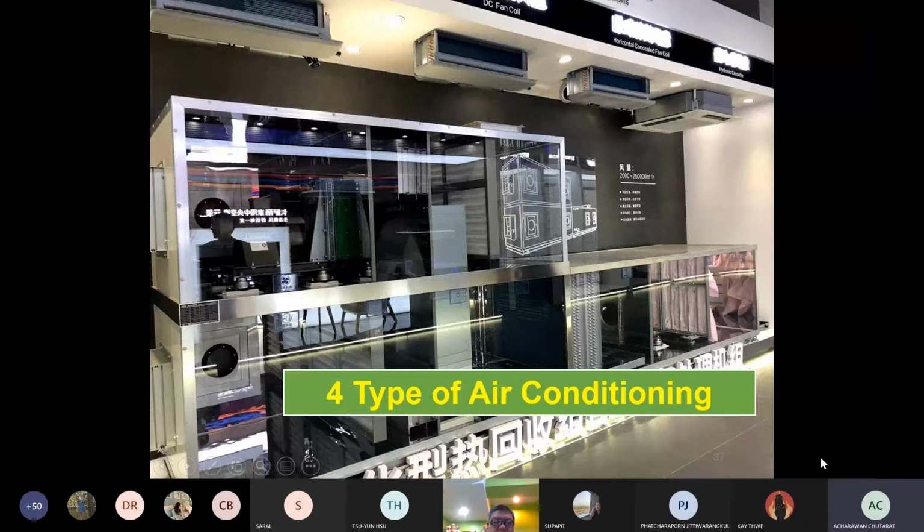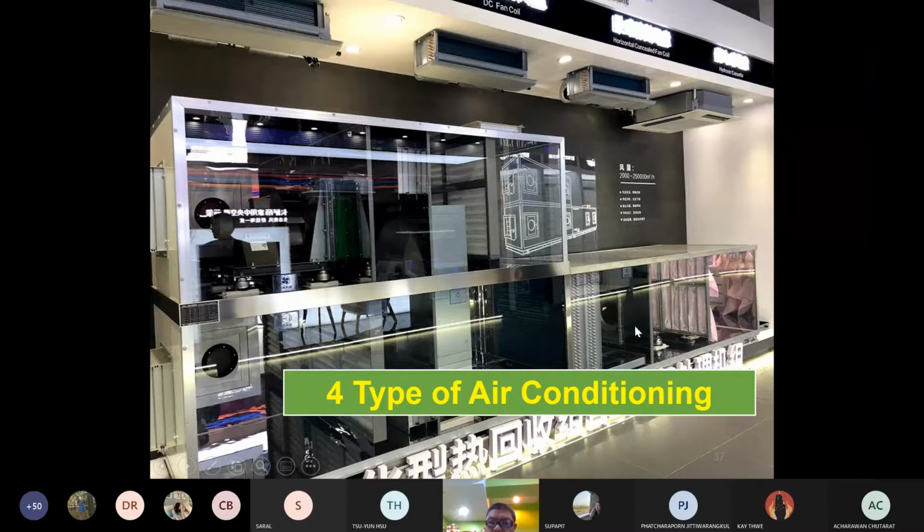Okay, so in this picture you can see many types of air conditioning. I took this picture in China. In this picture is a special air handling unit, which they have built and put a clear plastic so you can see inside.